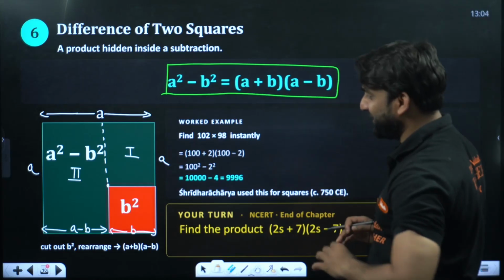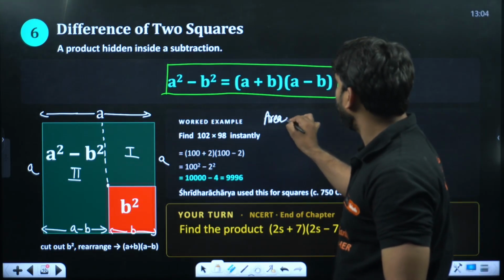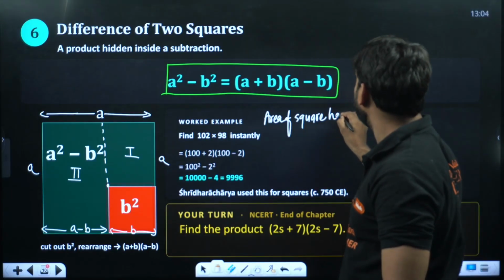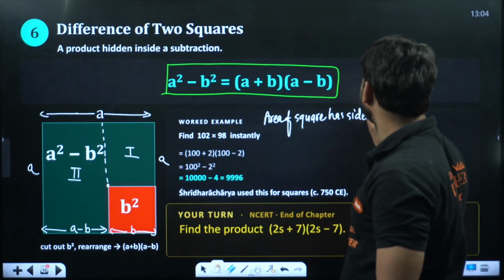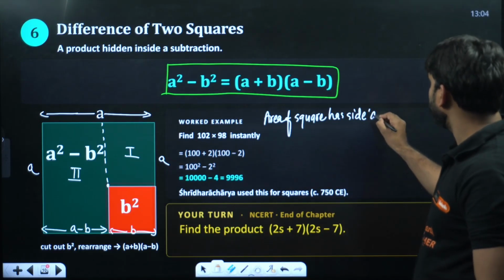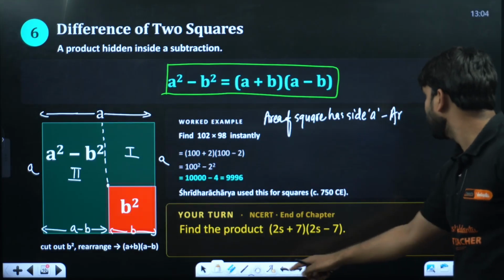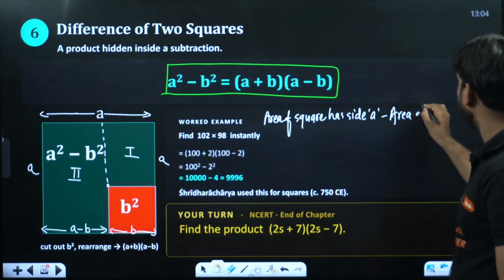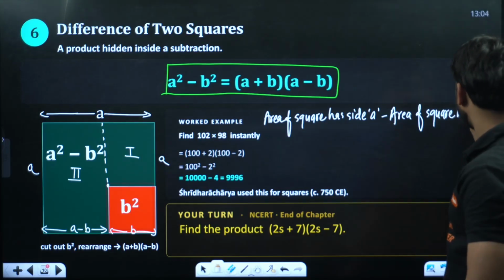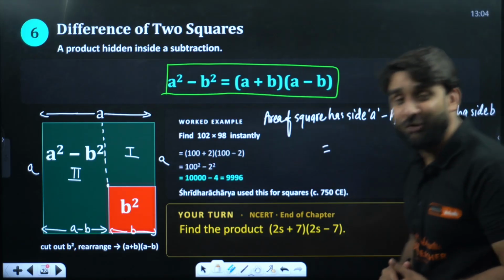So my dear champion, if we apply here, area of square with side A minus area of square with side B is equal to what?